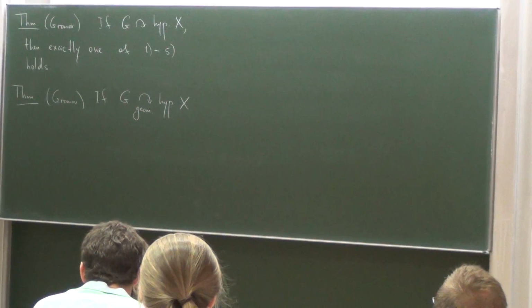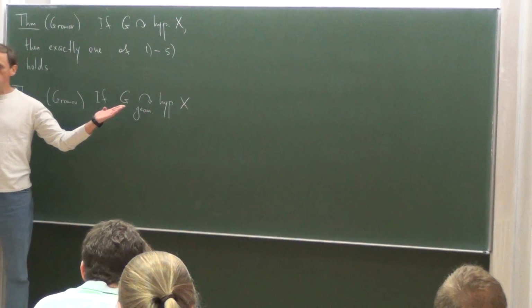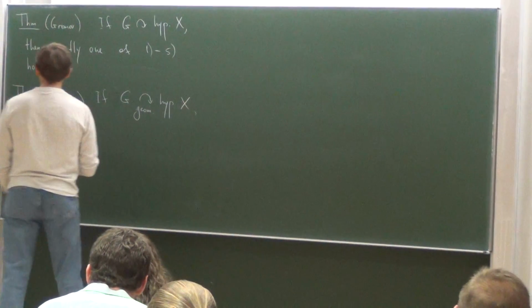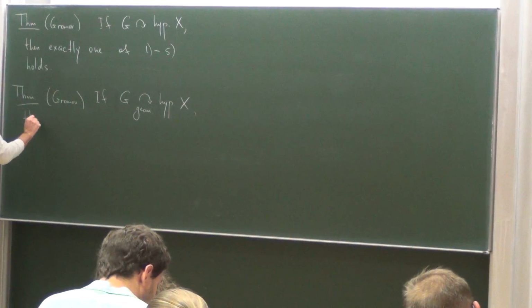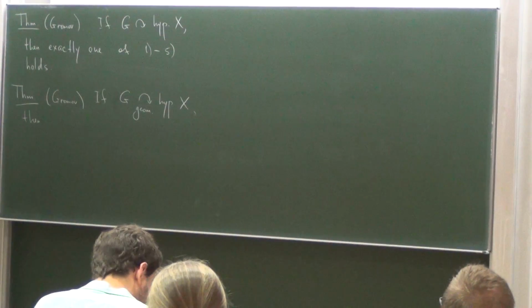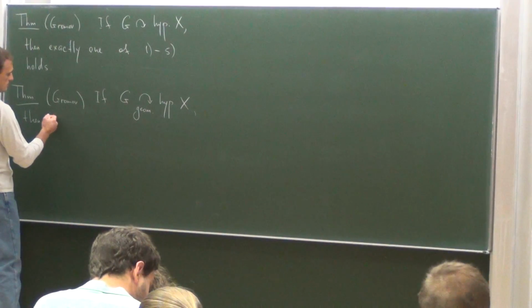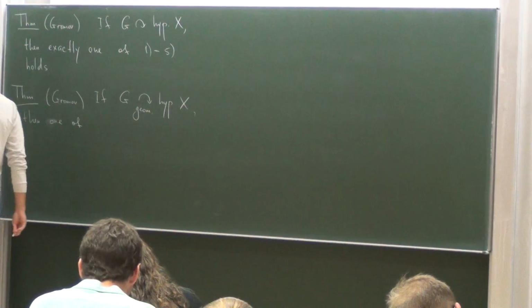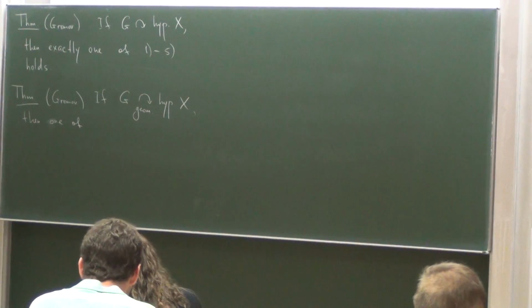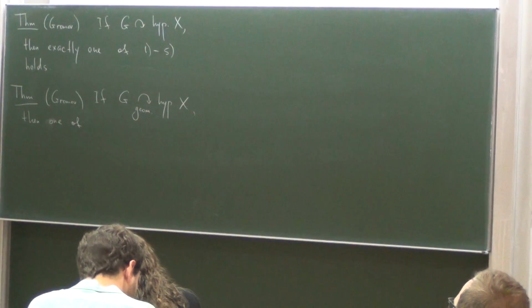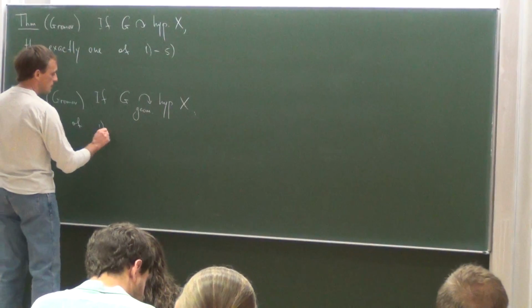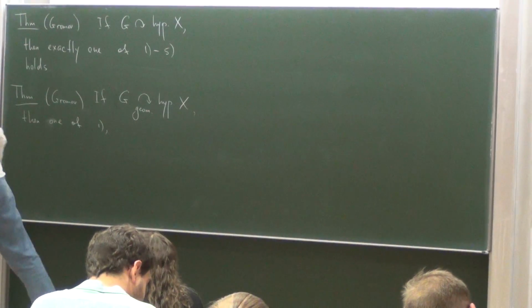So if you have a geometric action, for example, if you have a hyperbolic group acting on its own Cayley graph, then exactly one of, so there are only 3 possibilities: elliptic, linear, and general type.